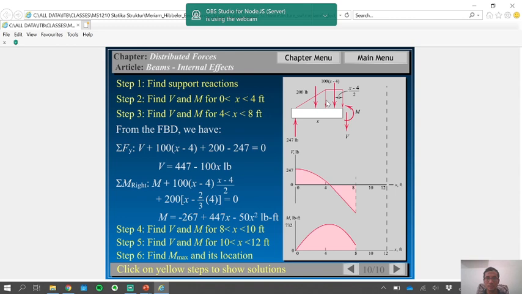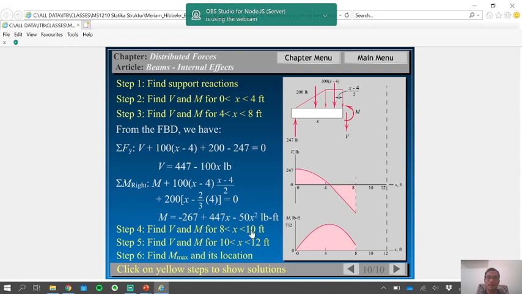So x minus 4, plus 1/3 from the right. So this is our result. And your final equation will be like this. Okay, and then we draw it here, continue the drawing like that.